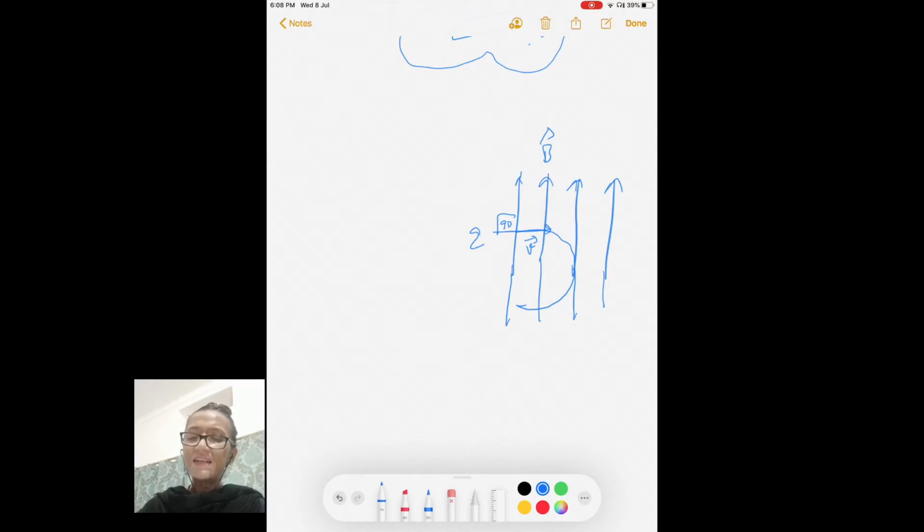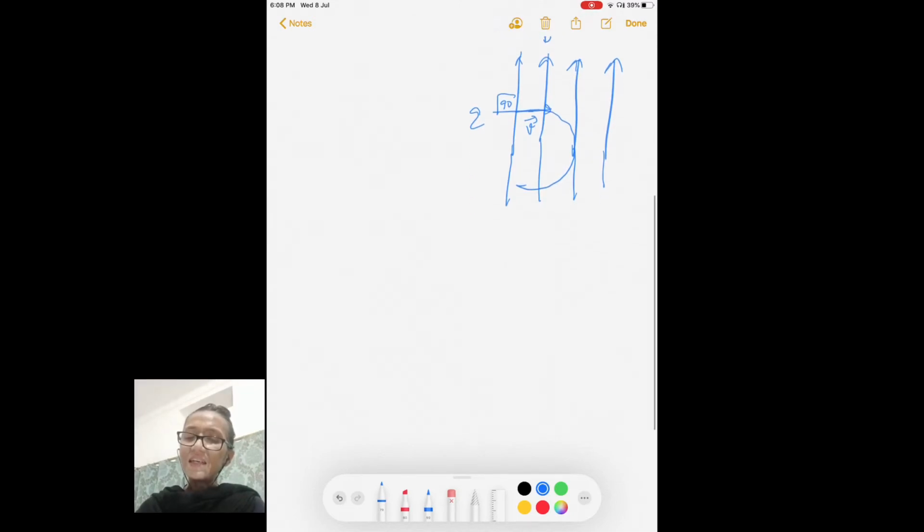When the angle is 90 degree between the direction of magnetic field and the direction of the velocity of the moving charge, then you will find that the charge is executing a circular path. And second case, if the direction of the velocity of the charge is not at 90 degree, it is making some other angle, then you will observe that it is executing a helical path, a path similar to a spring.